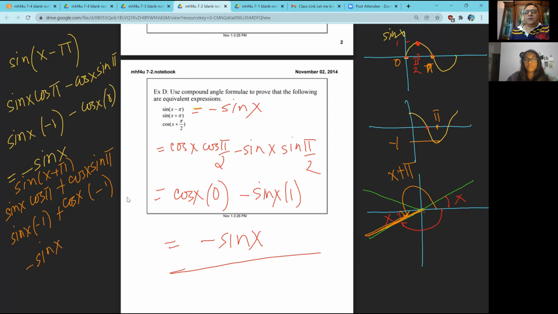Sine of pi by 2 is 1, so I use 1 here. On the other hand, sine of 0 and sine of pi is 0, so I used sine 0 here in these two expressions. And for cos, we know cos of pi is -1, so I used that -1 for cos of pi, and I got my results.